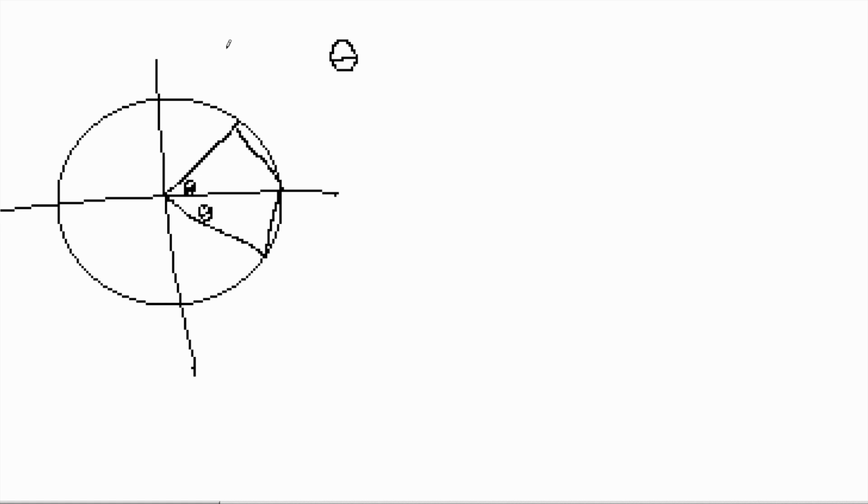And the area of this triangle is going to be a half base times height. And a half base times height in this case is going to be a half of 1 times sine theta times a half. So it's going to be sine theta on 2.